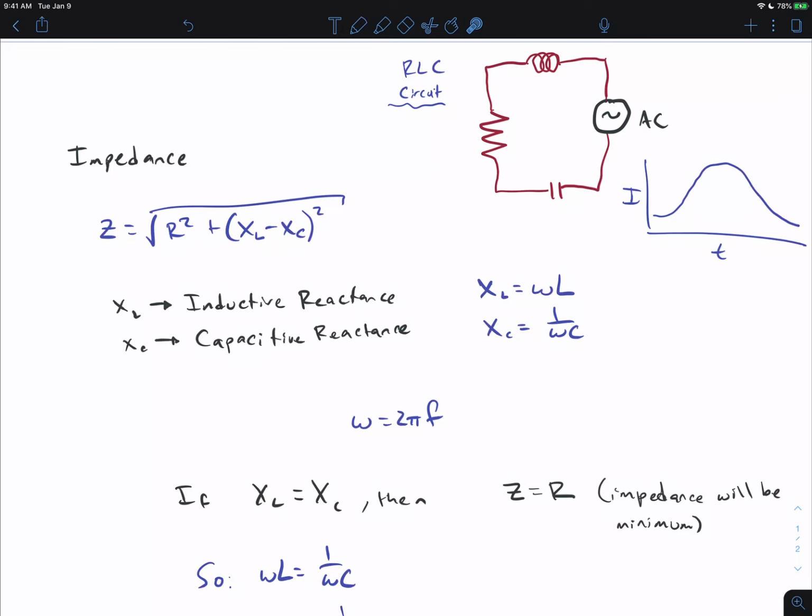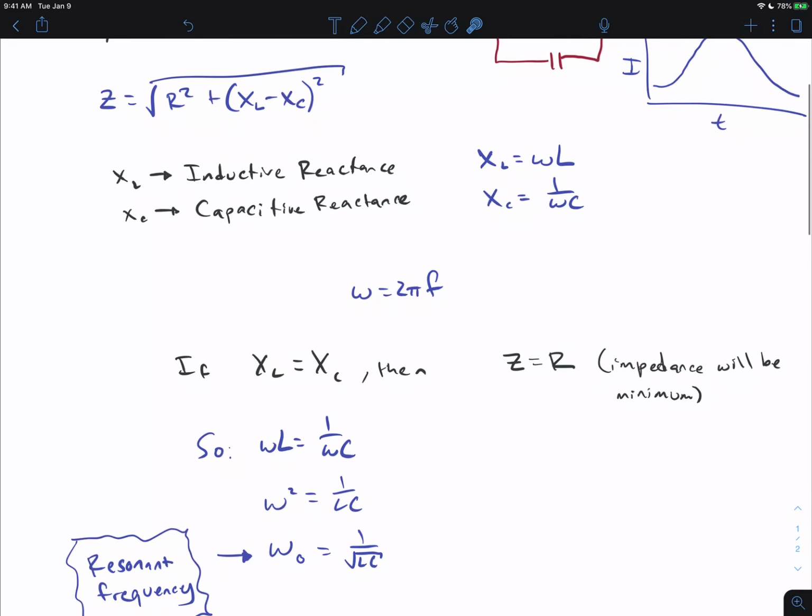Now, my angular frequency is just 2 pi times my frequency here. This would be, let's say, the frequency of my incoming signal that I want to filter through, or the frequency of my power source, how fast it's changing its frequency, right?